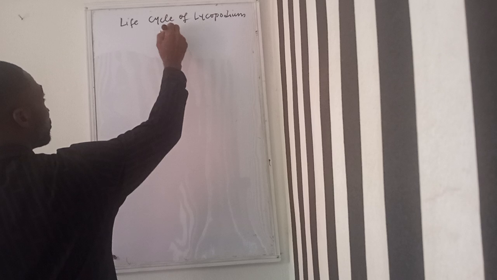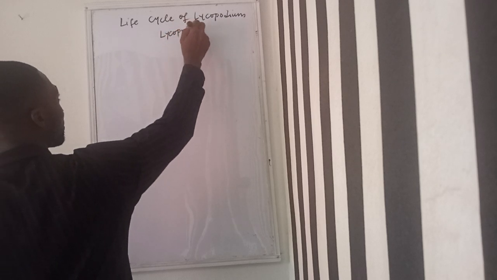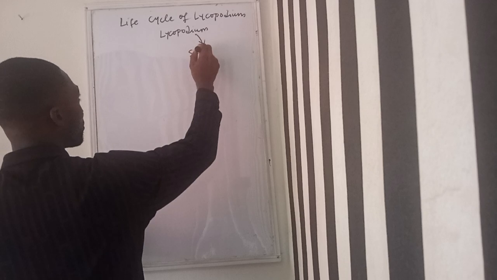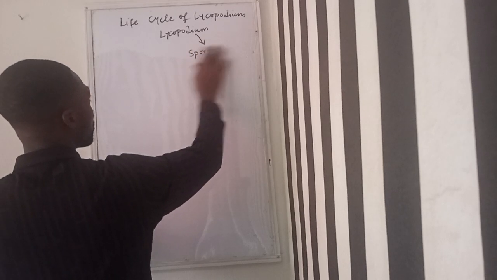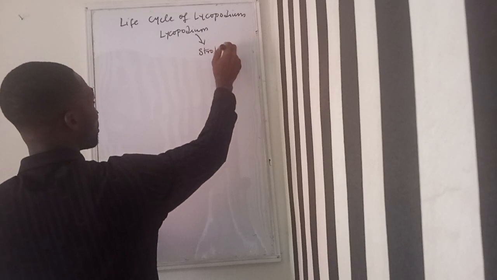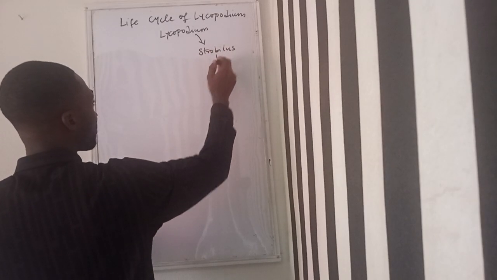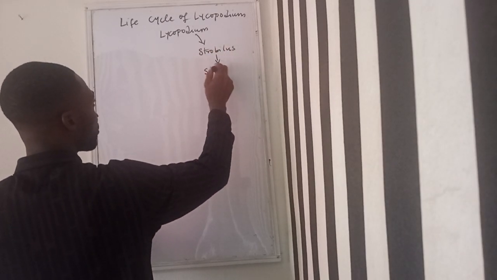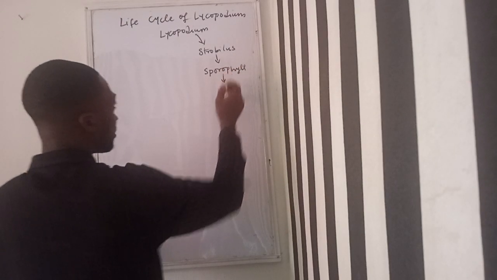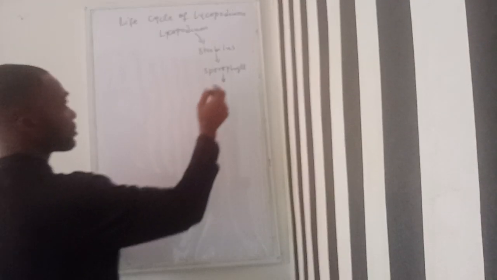So this is the Lycopodium plant. It has, let me write, strobilus. Since they're the same thing, strobilus. Remember I said it's also called sporangiferous spike. Then sporophyll. Remember I said that the sporangia are housed within the sporophyll.